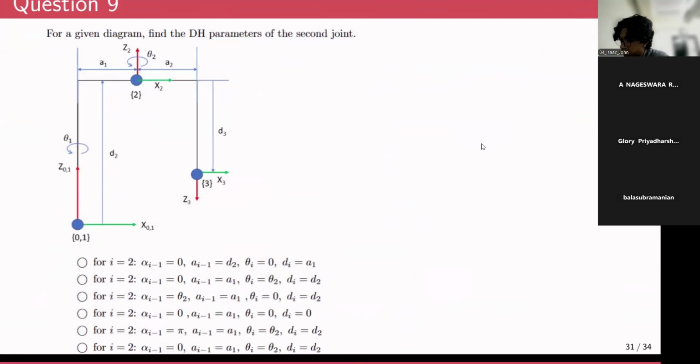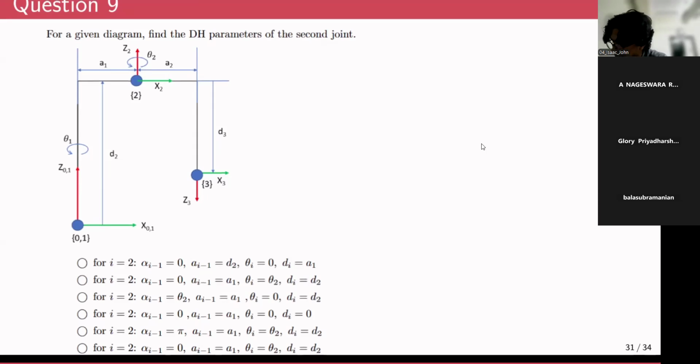So this robot apparently, it looks like this robot has 3 joints, right? So I'll try to make a schematic of this robot, just for better understanding.